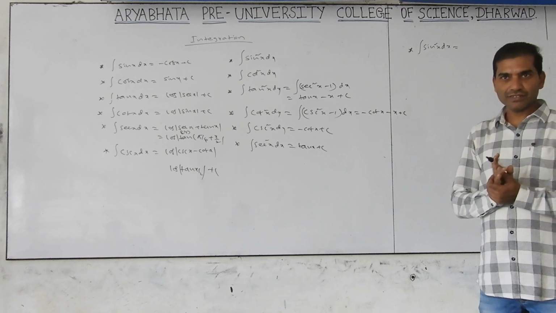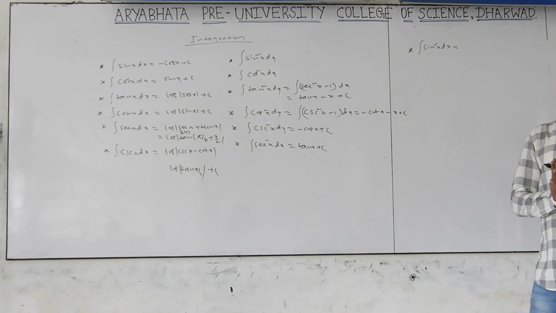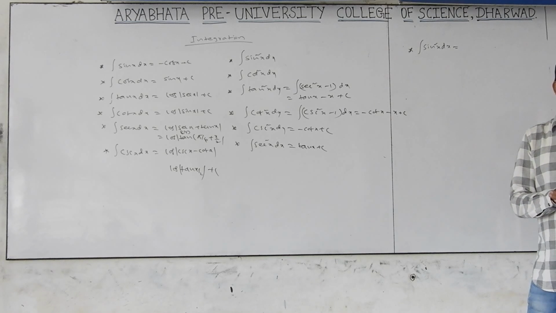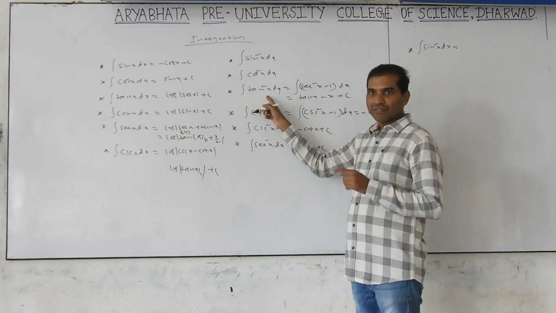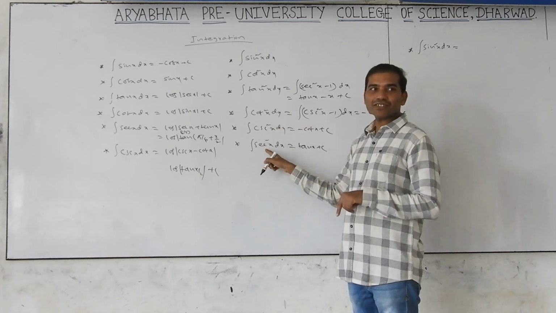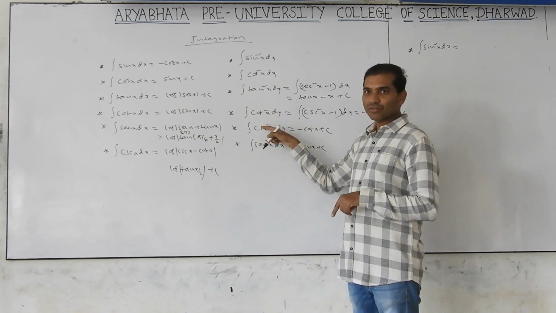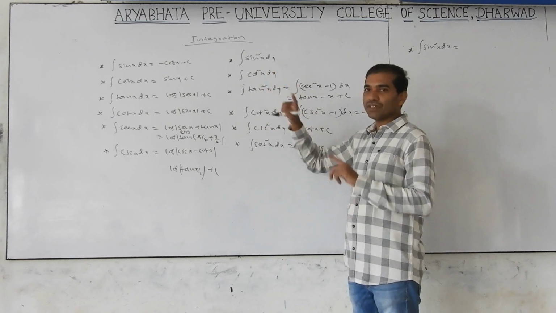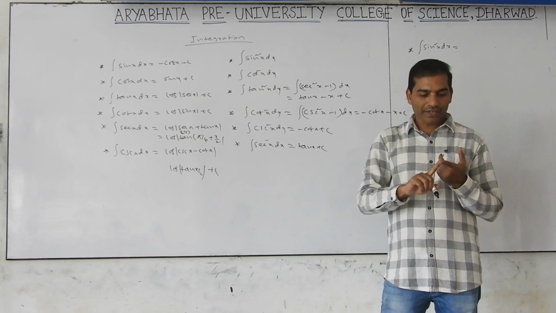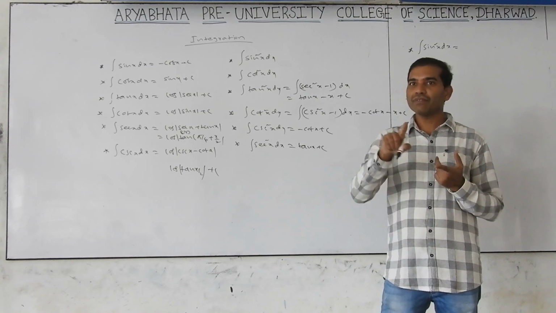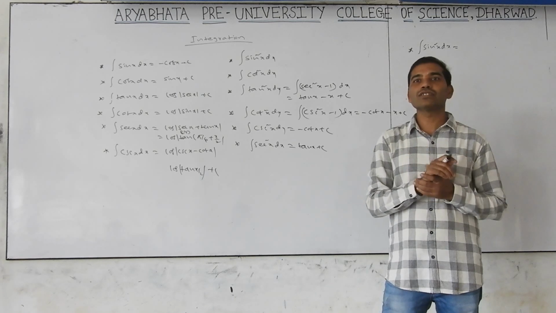Sin square x equals 1 minus cos square x, but again we don't know the cos square x integration. Both we don't know. For tan square x we depended on secant square x, which we know, so it was easy. But the relation sin square x plus cos square x equals 1 only helps if we know one of them, and we don't know either integration.